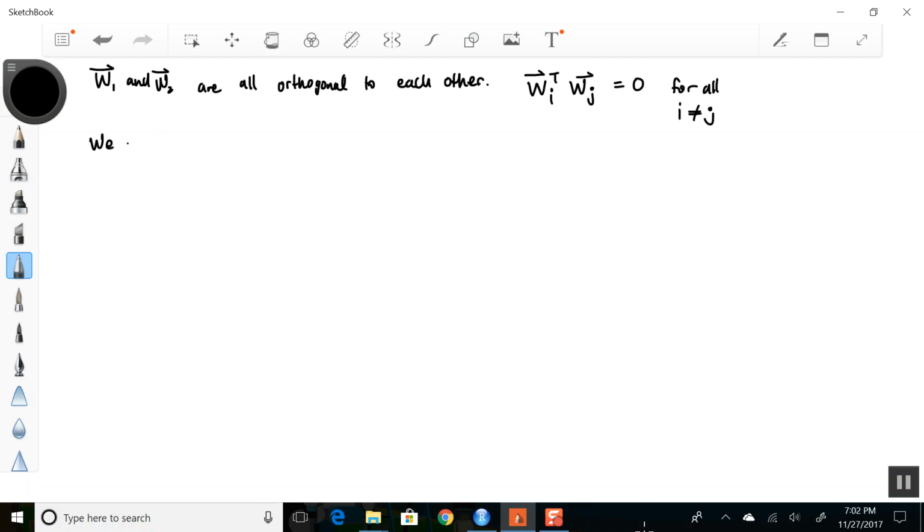So we have centered our data, and that means basically the mean of each variable in the original data is 0.